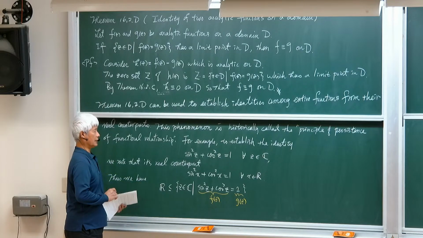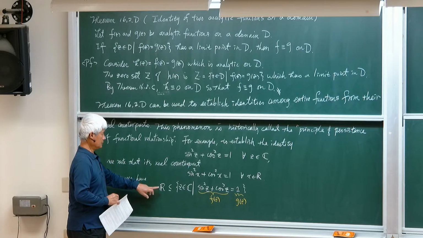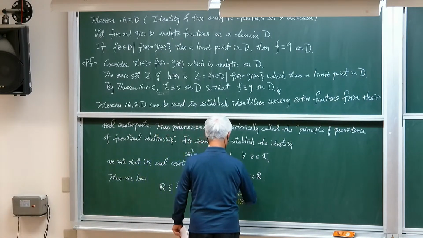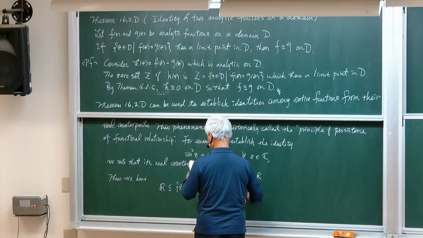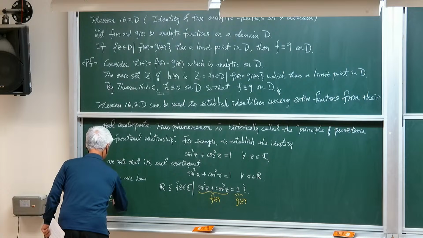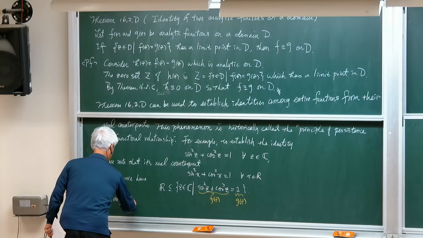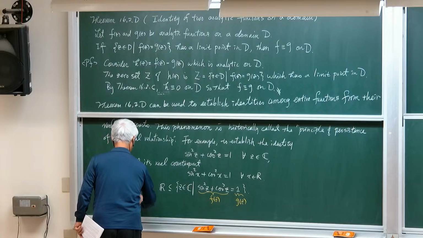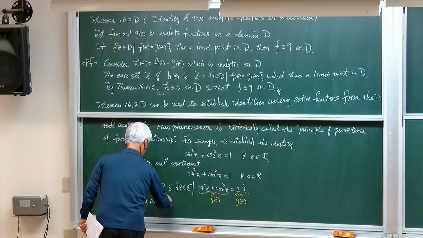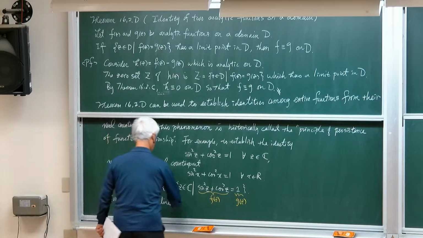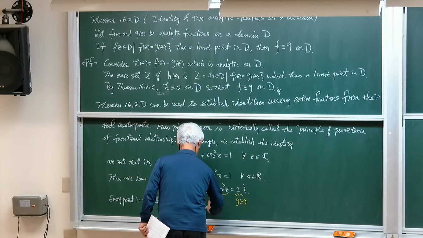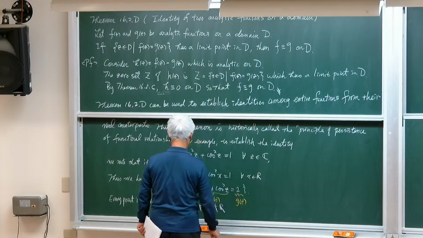So this set contains the real line. And as we know, every point in the real line is a limit point of the real line itself.